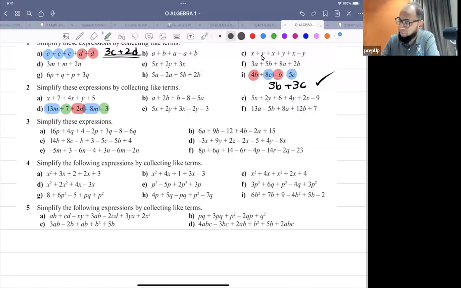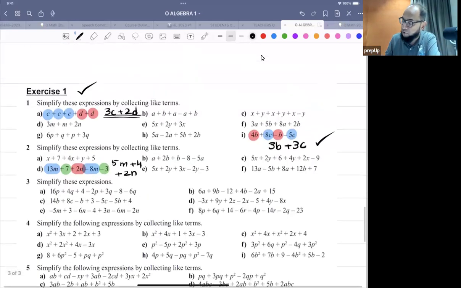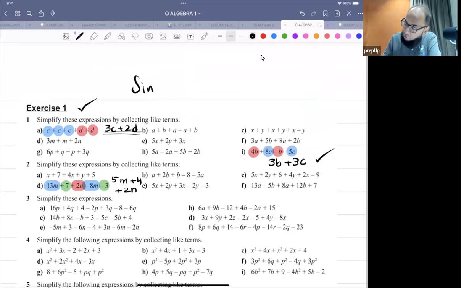Red is only 1. So this becomes 13 minus 8, that is 5m, and 7 minus 3, that is 4, and plus 2n, that is the expression, the simplified expression. So the objective over here is to get a simplified expression out of this.